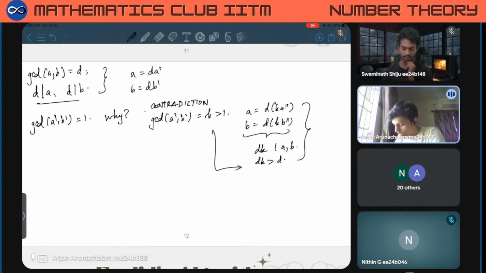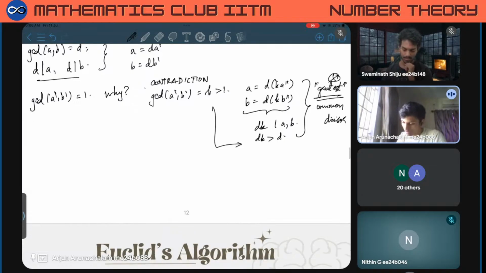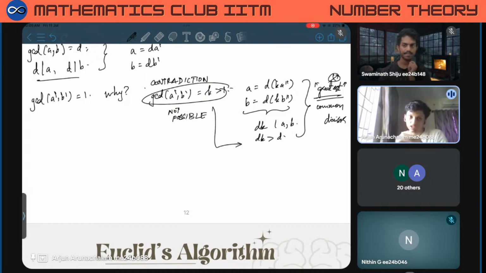So this contradicts our entire assumption, the statement itself. It's not anymore the greatest common divisor, right? So that is why this is wrong. This is not possible.